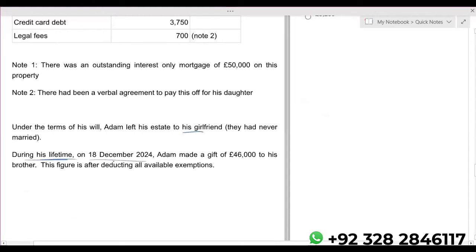During his lifetime, on 18 December 24, Adam made a gift of 46,000 to his brother. This gift is after deducting all available exemptions, meaning the annual exemption of the current year and previous year is already deducted. During life it is PET, but when the donor dies within 7 years, the PET becomes chargeable.